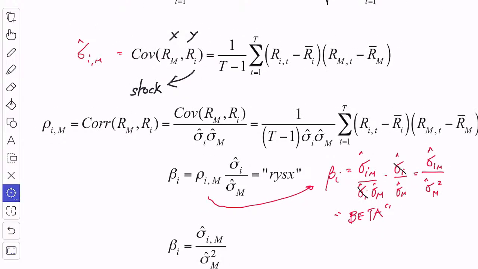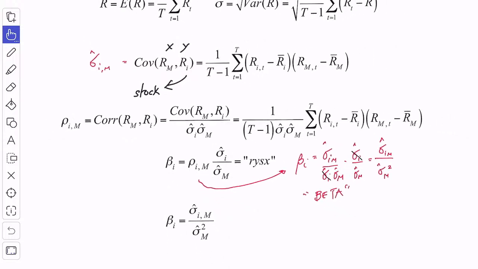I could write it like this, and I could write it like this. And that is for ex post data, historical data. So this is the same as what I did before. I just put different symbols on it for finance purposes.